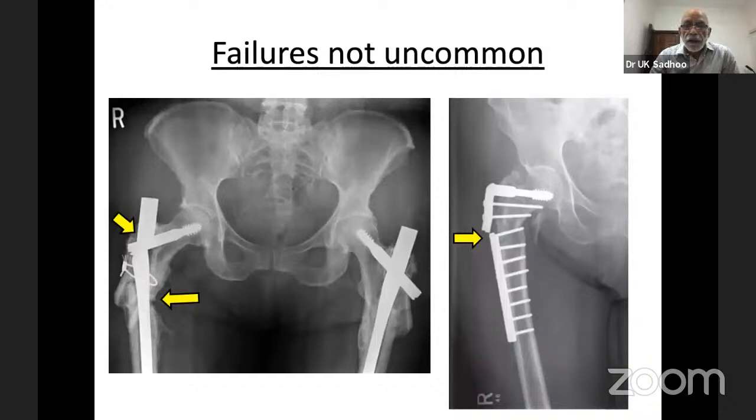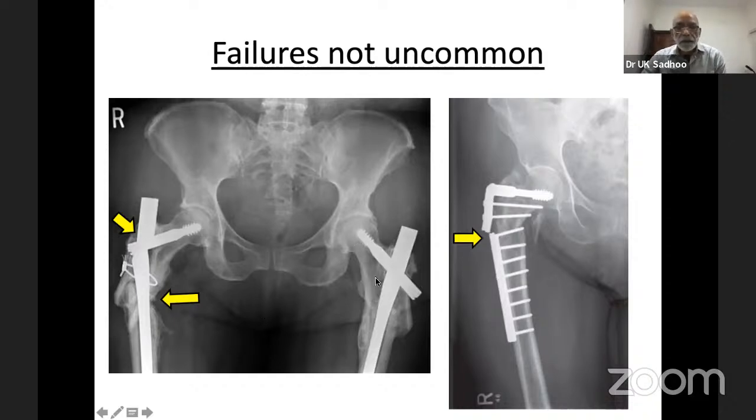Whether it is nail or a plate, failures are not uncommon. And all failures in varus. And the implant will break at the vulnerable point, plate where the fracture is.